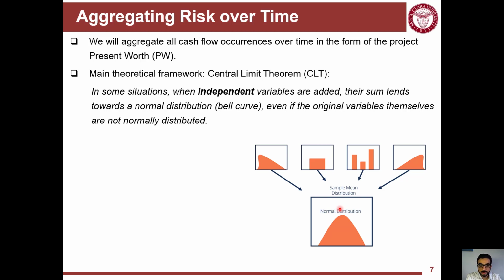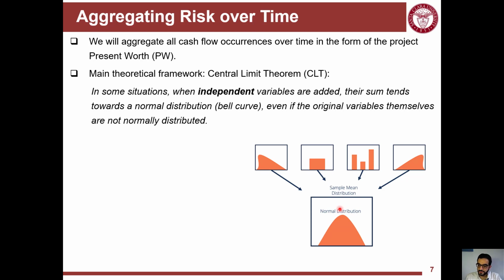So the central limit theorem assumes that we have independent variables, and when we add these variables, based on specific assumptions, their sum will tend to follow a normal distribution, a bell curve, even if the distributions of these independent variables do not follow a normal distribution.